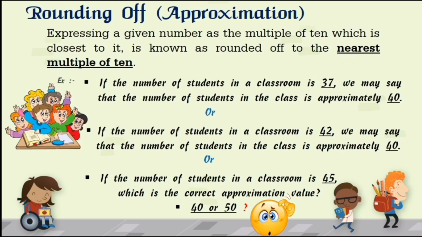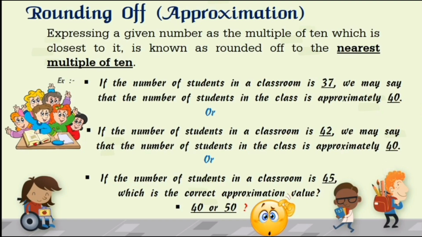Let's discuss an example. If the number of students in a classroom is 37, we may say that the number of students in the classroom is approximately 40.